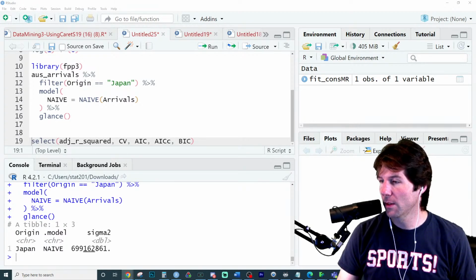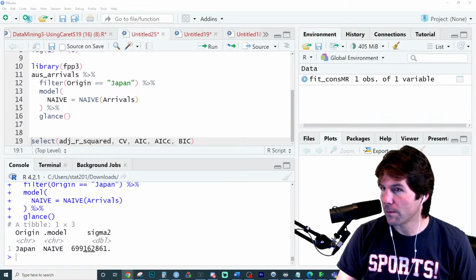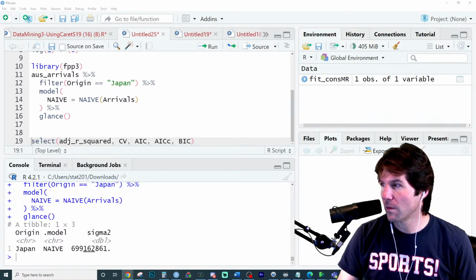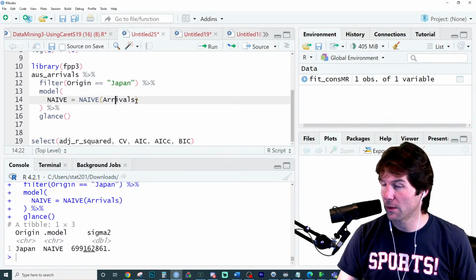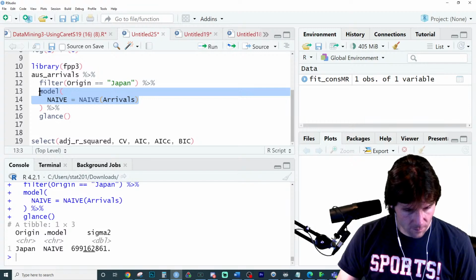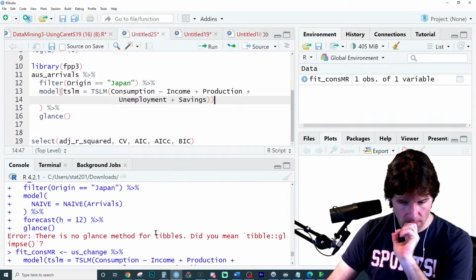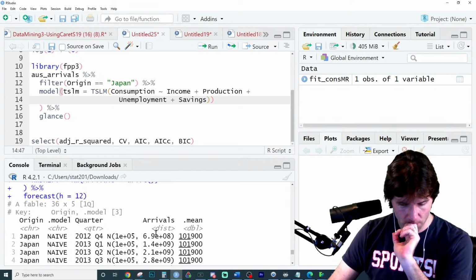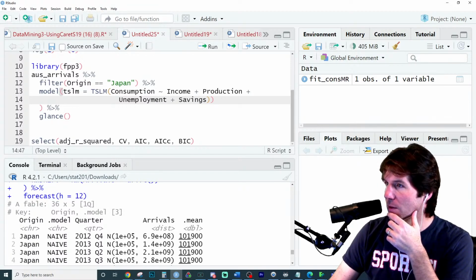Let me grab the models they make right here. Should be able to do it. Time series linear model. We should be able to get it out of other models.